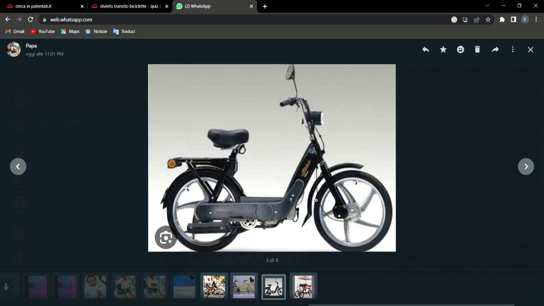When we are talking about ciclomotore, it looks like a motorbike, but the engine of this one is not that of the motorcycle. So it has a lower engine, and the engine of this one is no more than 50. So take note of that.